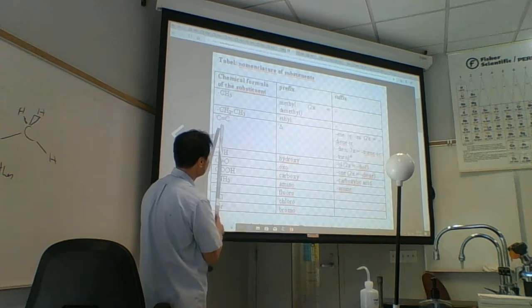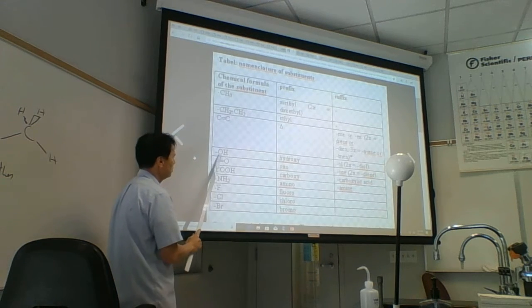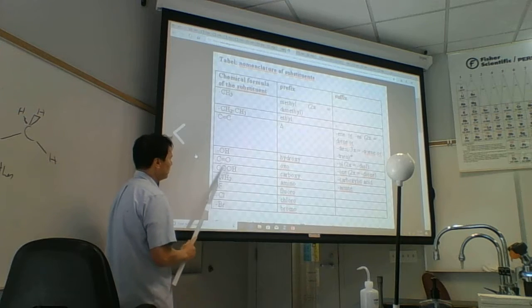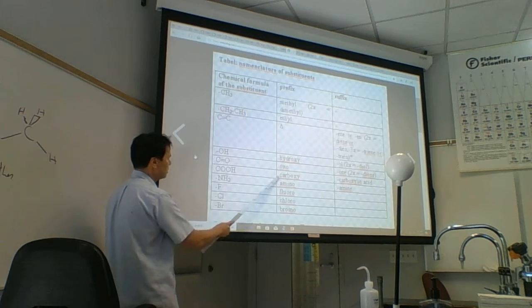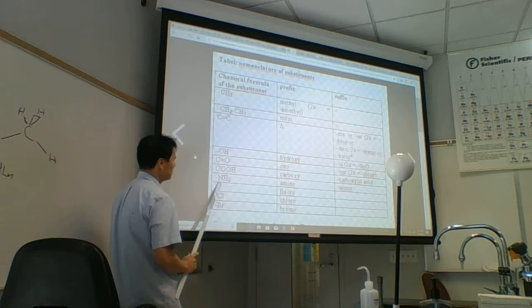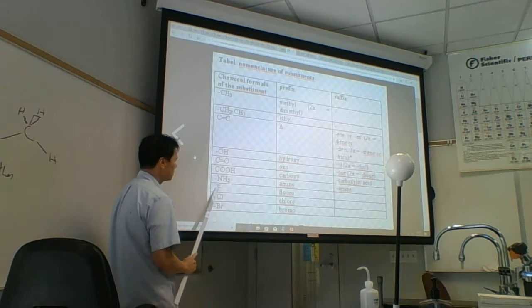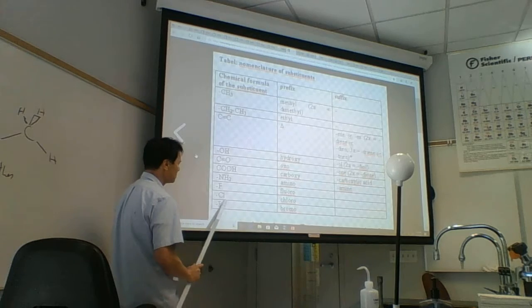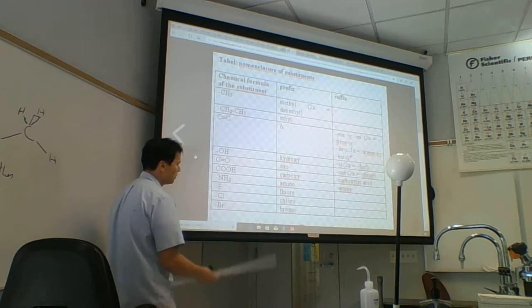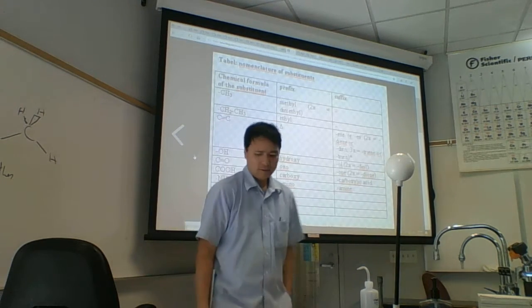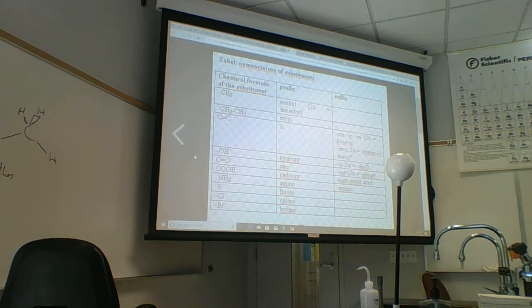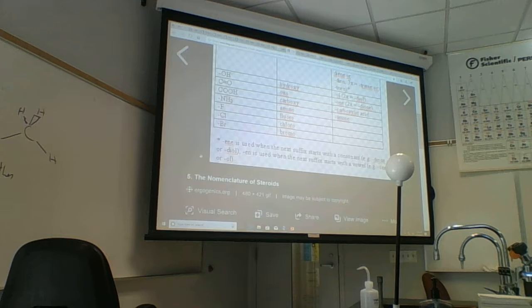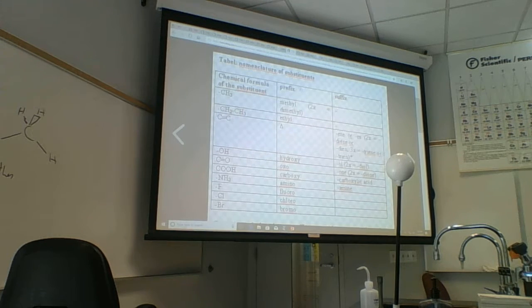This one's not really a substituent. This is the hydroxyl or hydroxy. This is the oxo or carbonyl. This is the carboxy or carboxyl. This is the amine or amino. This is F, which is fluoro. This is Cl, which is chloro. Br, which is bromo. There are a number of ways of naming things as well. You don't have to memorize it.